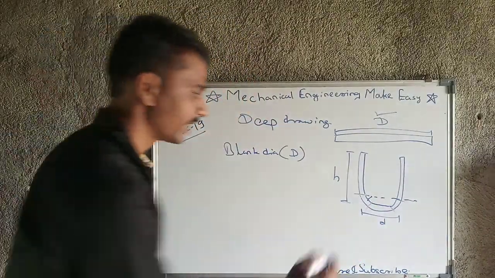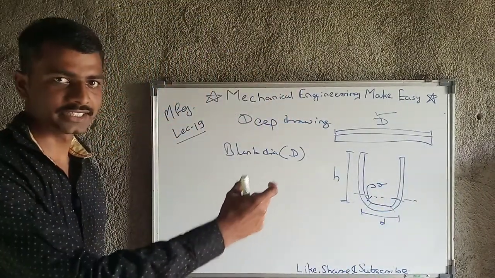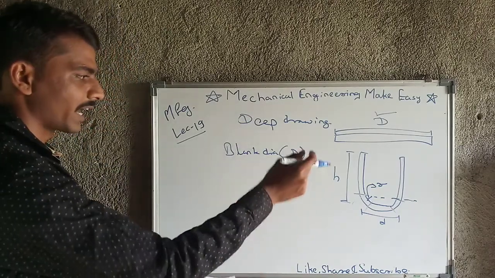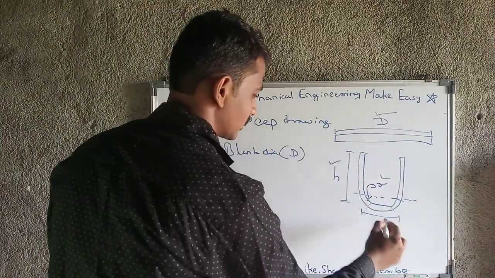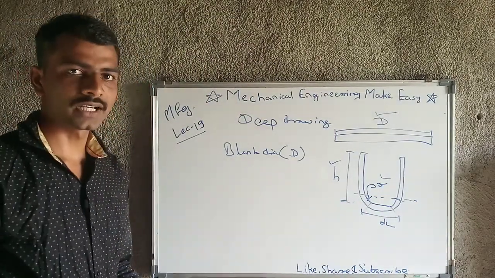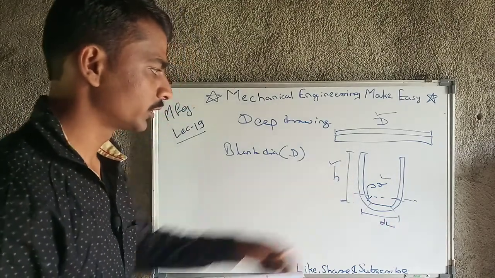That radius is denoted by small r. The blank diameter will vary according to this r, h and d. These three parameters are important for deciding the raw material size we will need for this kind of shape.